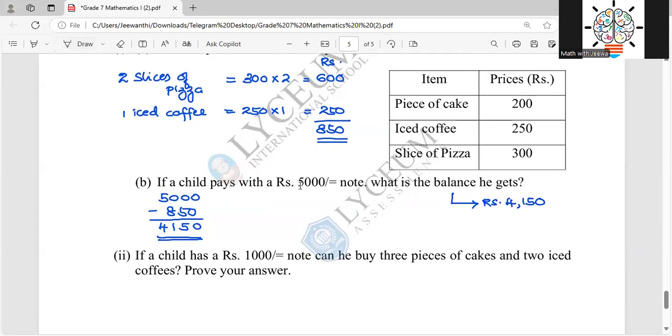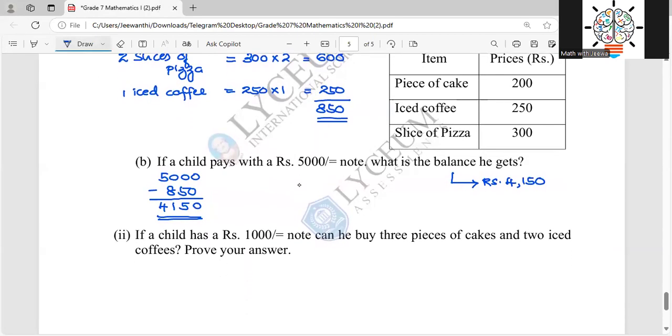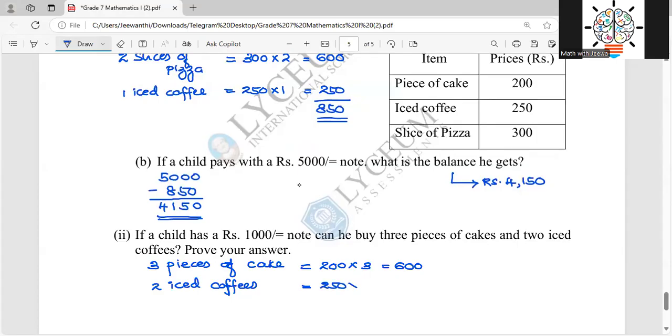If a child pays with a 1,000 note, can he buy 3 pieces of cake and 2 iced coffees? 3 pieces of cake, how do you get that? It is 200 into 3. It is 600. So then the 2 iced coffees, 1 iced coffee is 250 into 2.